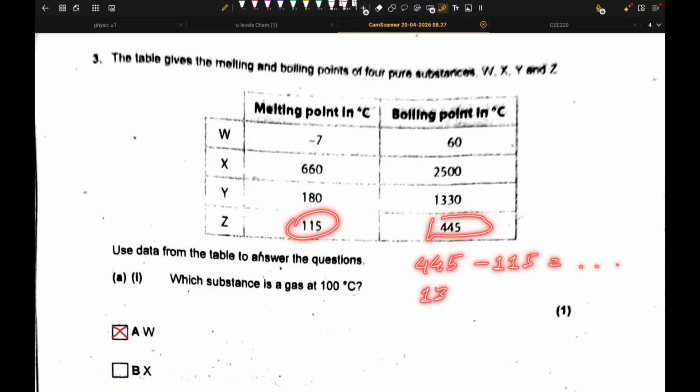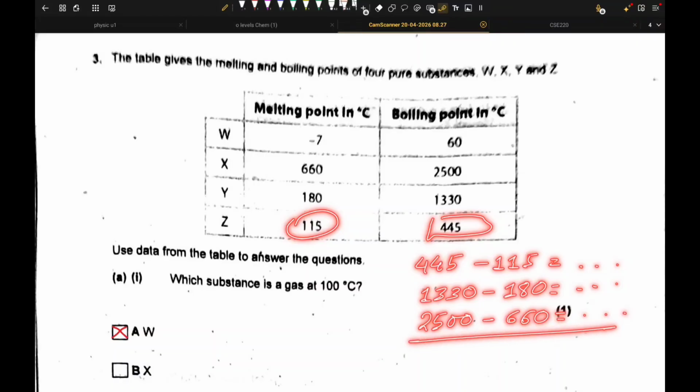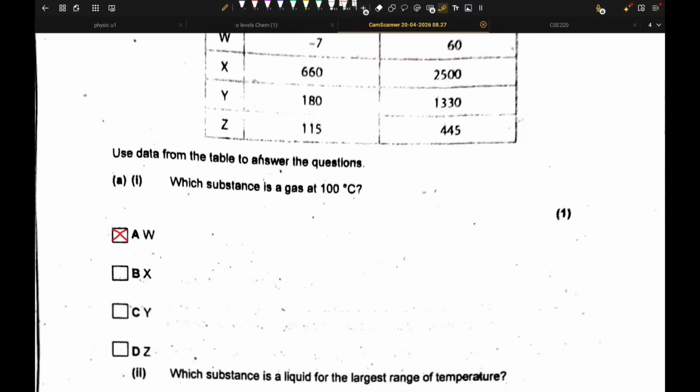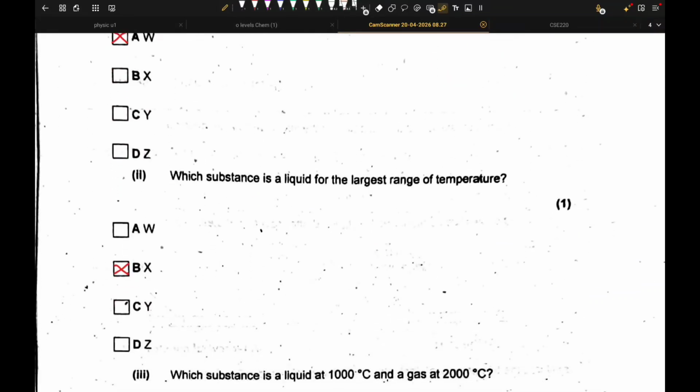I'm not doing the whole thing, but if you get confused about which one is the larger range, you can do the calculation. But from here we can clearly see that 250 minus 660 should be the largest value among all of them. So the answer should be X, or option B.